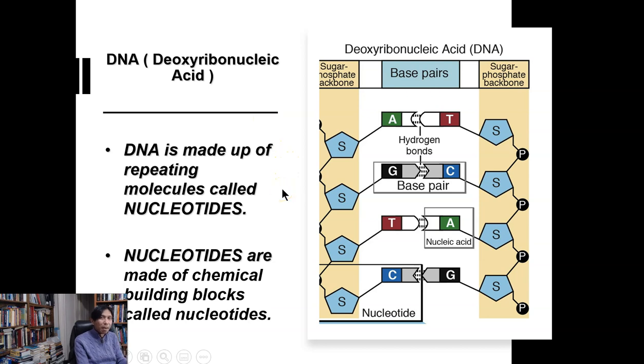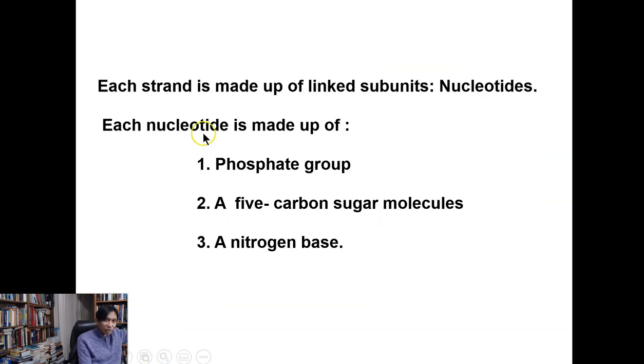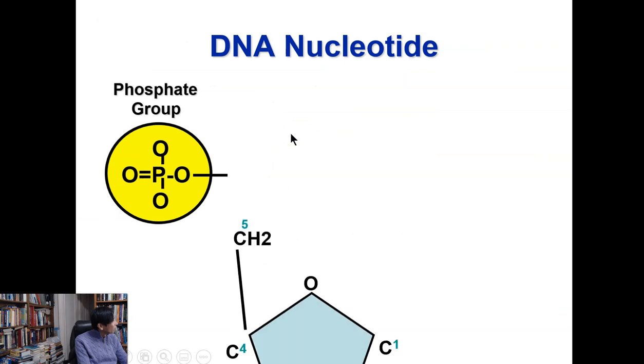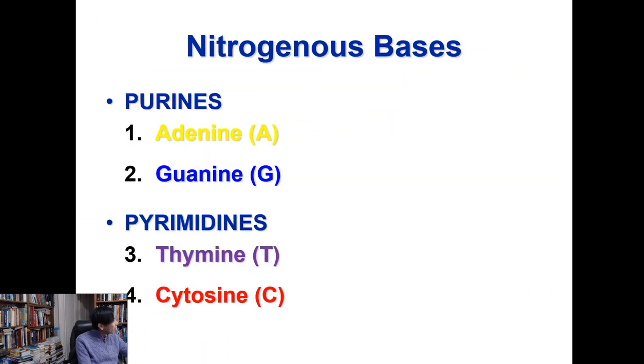Poly means many, mer means unit. Those units are called nucleotides. They are the building blocks of DNA. Each nucleotide contains a phosphate group, a 5-carbon sugar, and a nitrogenous base: adenine, thymine, cytosine, or guanine.